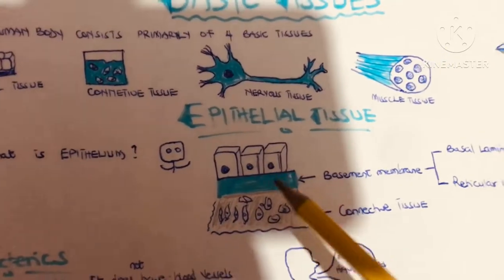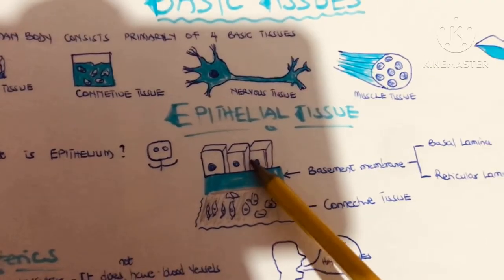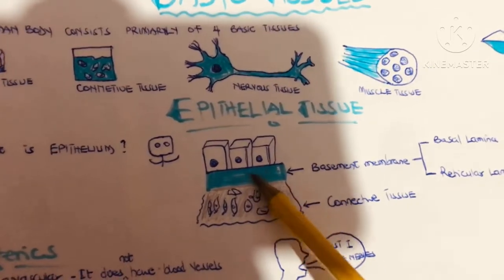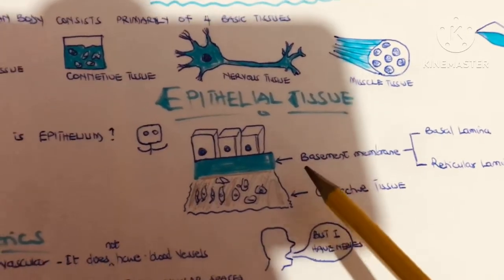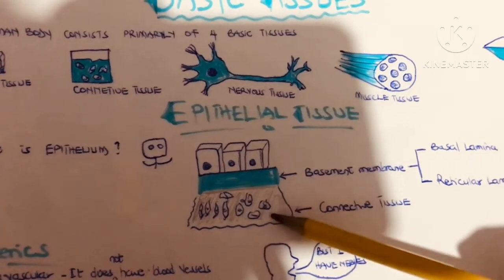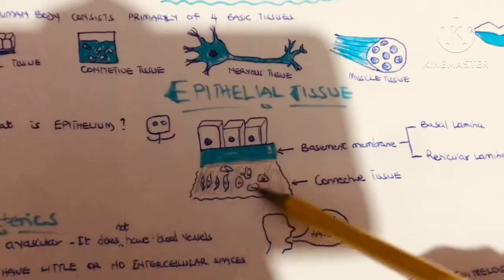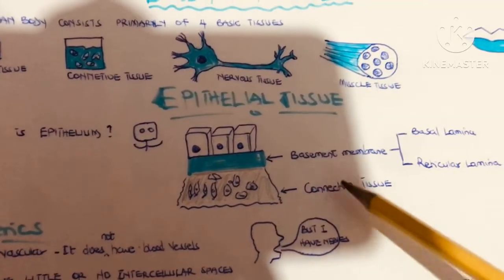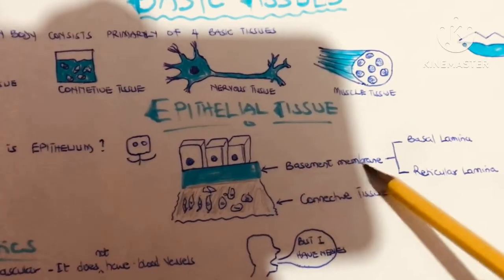And they rest on a basement membrane. So this is the basement membrane. This basement membrane separates the epithelial tissue from the underlying connective tissue. So beneath every epithelial tissue, there is underlying connective tissue, and what separates them is the basement membrane.